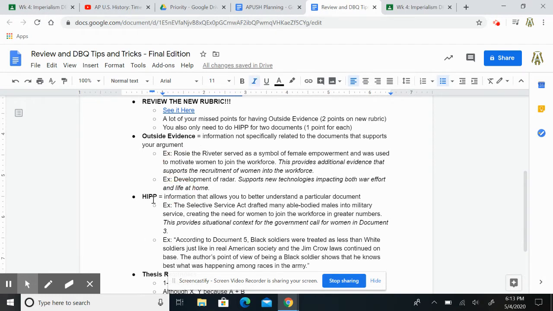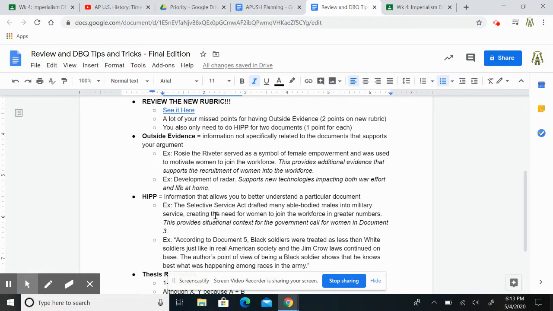HIP relates directly to the document and allows you to better understand it. So talking about who the person is that wrote the document, giving you background on that person, or talking about the specific context in which the document was written, what the purpose of the document was, why it was written, or who the intended audience was and how that might have influenced the document.